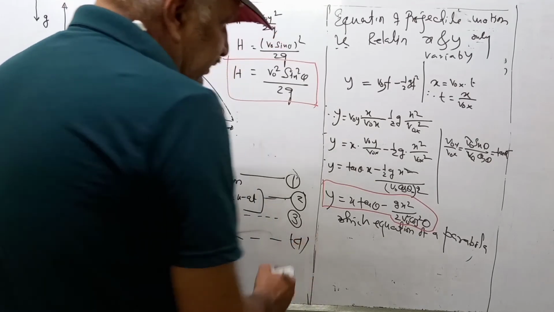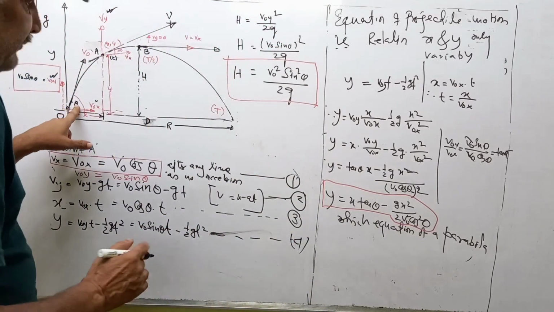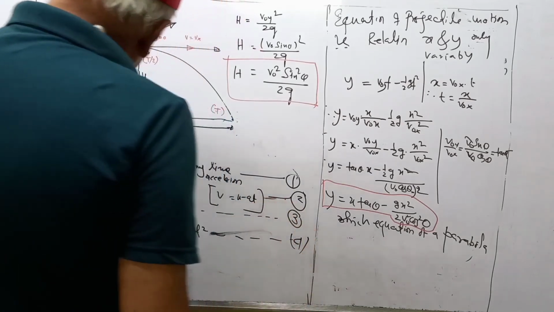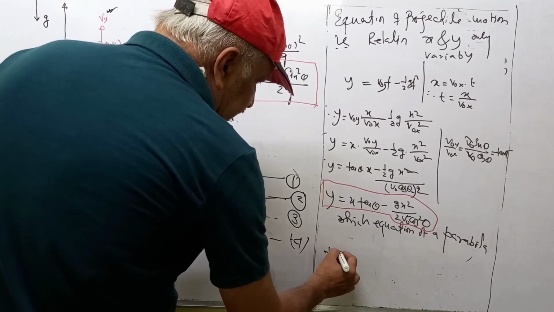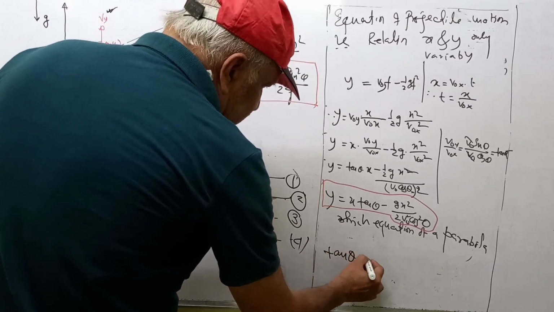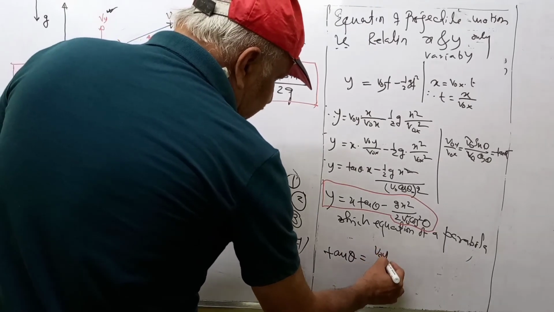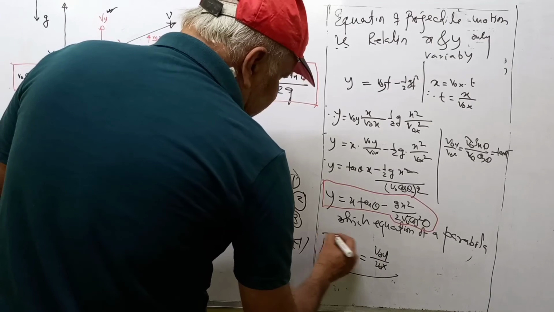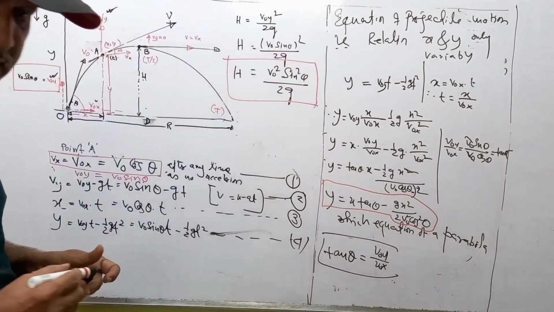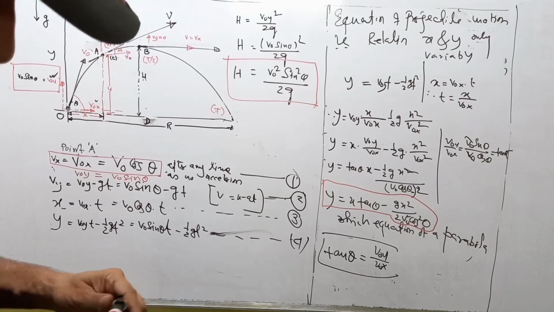Sometimes a question may be asked what is the value of theta. So we can write tan theta equal to v0y by v0x. If they give it like that, then this can also be determined. Clear?